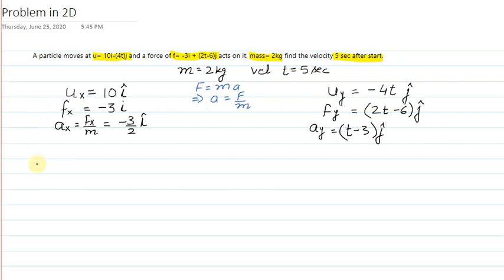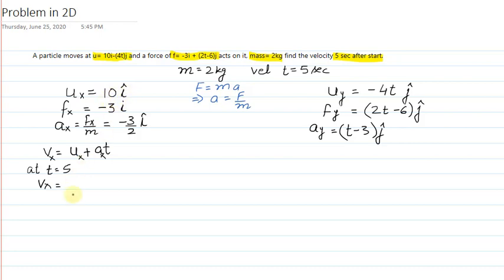Now along the x-axis we shall apply the formula v = u + at, so I'll put a subscript x here. At t = 5 seconds, I'm trying to find vx, which is equal to ux.